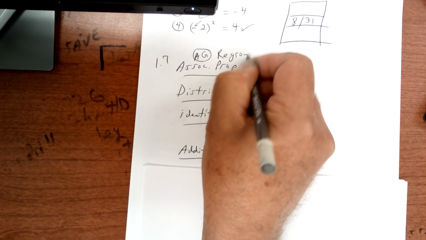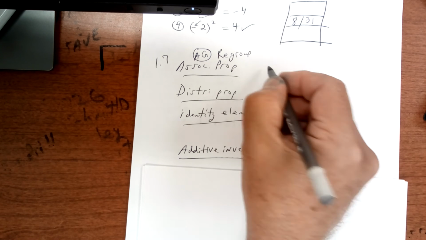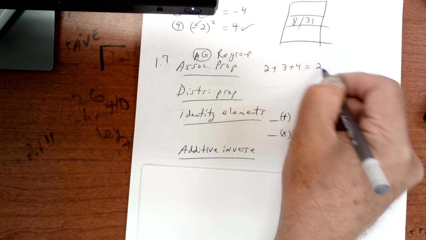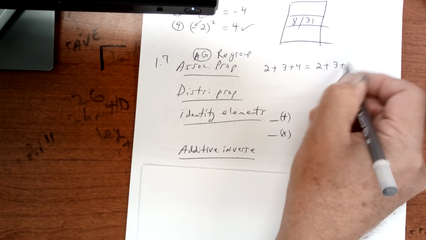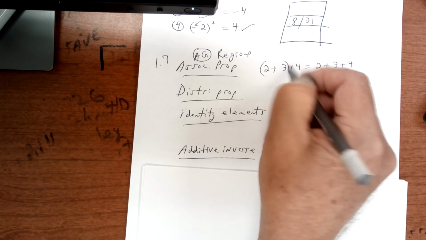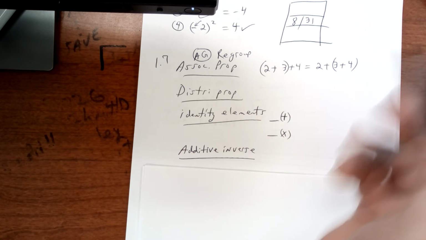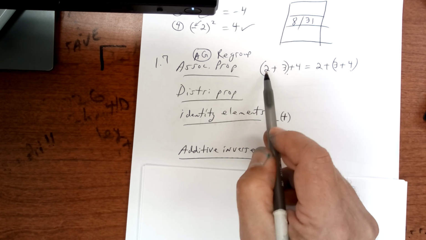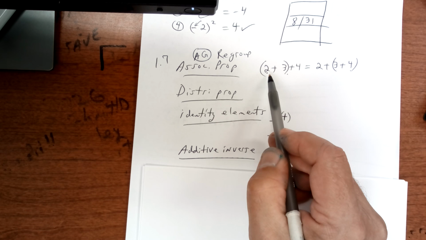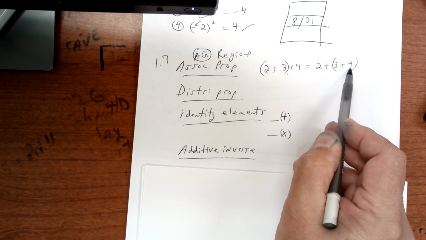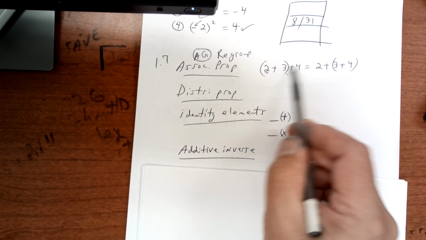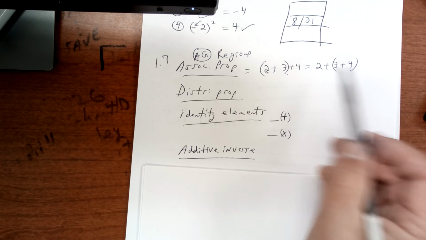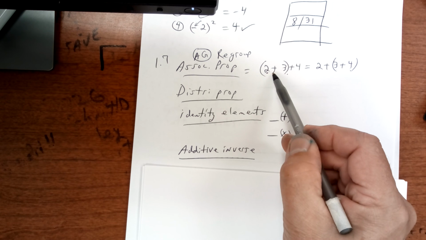So in other words, if you have 2 plus 3 plus 4 equals 2 plus 3 plus 4, and they change the group of the parentheses, like here is 2 and 3, and here is 3 and 4, but the order did not change. In other words, 2, 3, 4, 2, 3, 4. So as long as the order didn't change, that is an example of the associative property, and this happens to be over addition because we're adding.